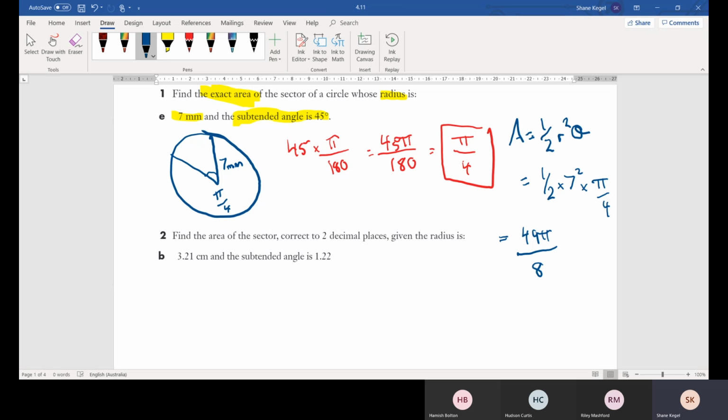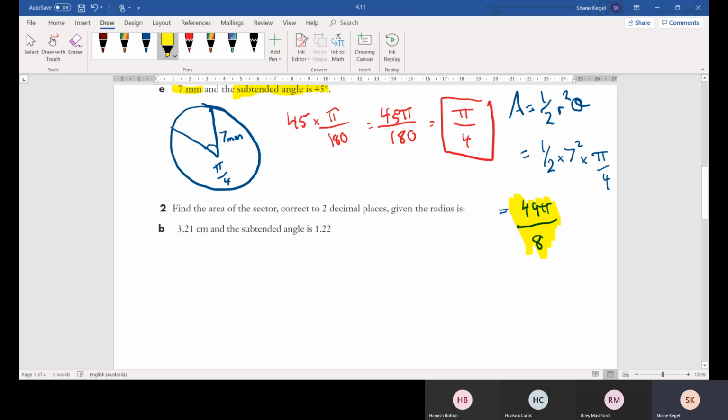So that must be my answer there. So the exact area in its exact form is 49 pi on 8. If I wasn't finding exact form, I could just plug in 49 pi, divide by 8 and calculate it to get my decimal value. But we're asked to find exact area, so let's leave it in what it's asking.